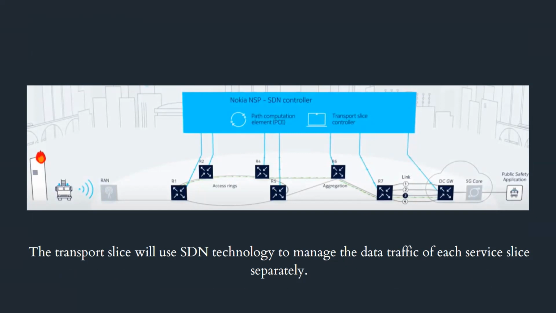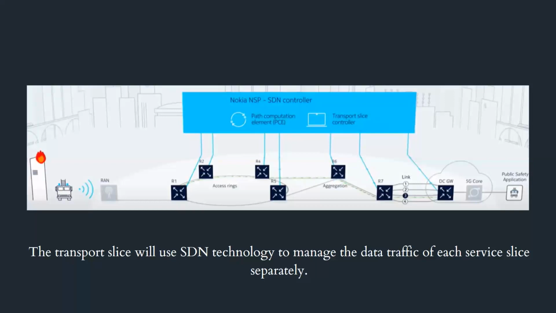When we discuss the SDN controller, it will basically be taking part in the transport network, where the data has to be transported through different routers and switches towards the core network, and the communication must be controlled using an SDN controller.